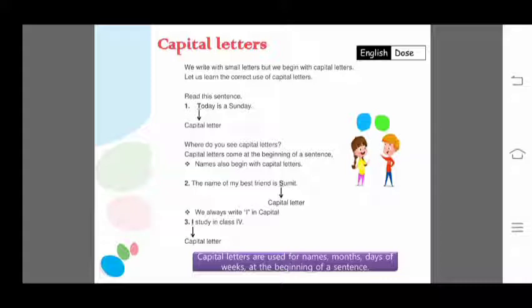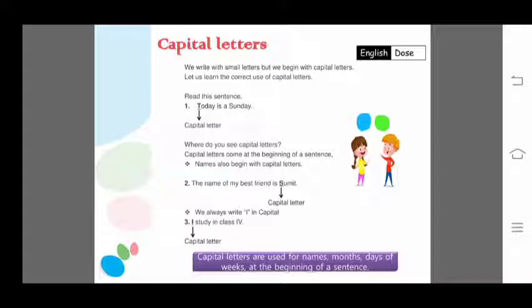Now, the question is why is T capital and why is S capital? T is the first letter of a sentence, that's why it must be capital.